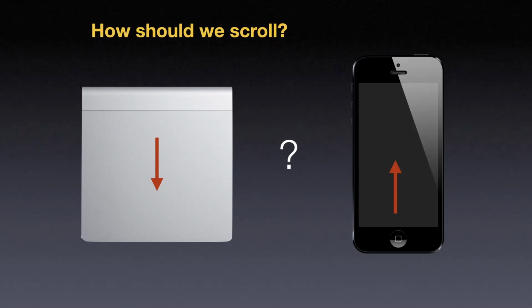Because if you think of it as more like a sheet of paper, you want to move the paper up so that you can see what's at the bottom part of it. This scrolling inconsistency is still a setting that you can set on your computer, though not so much on your phone. And there are some people who will never accept a change in that, because it's just been so culturally ingrained in their habits.